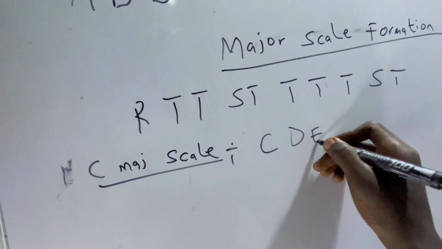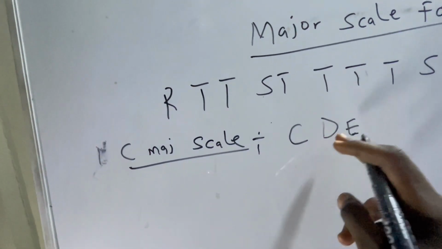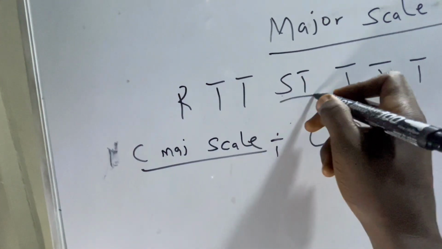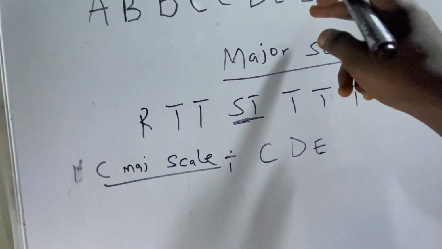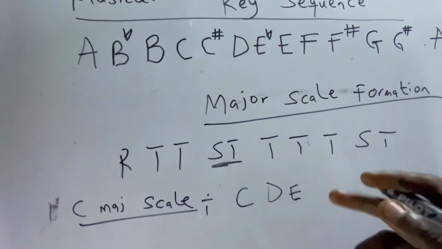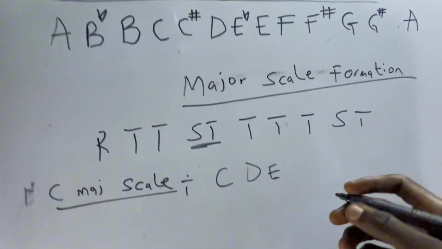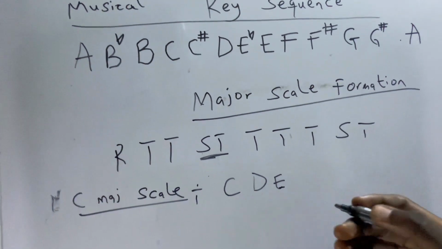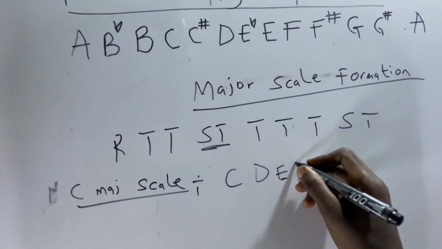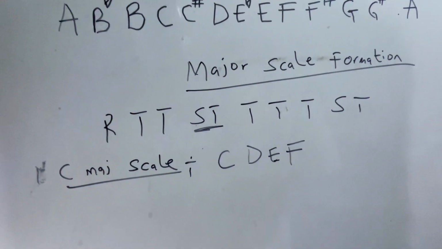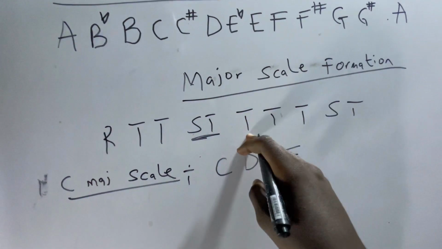Very good. So from E, we said root note, tone, tone. The next one is semitone. Your semitone means the key right next to it. So from E, our semitone is F. Now from F, we should move a tone.